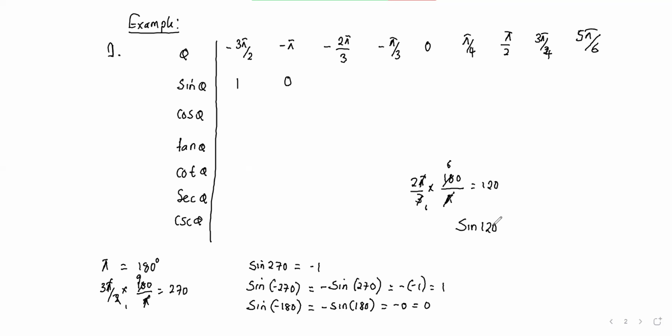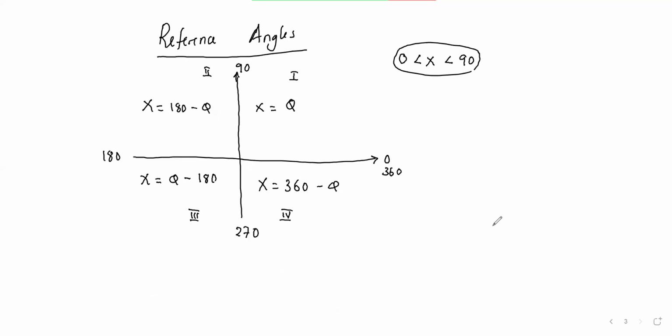We find 120 in which quadrant? 120 is in the second quadrant because it's above 90, but below 180. So now we say 180 minus 120. What value do we get? It is 60.